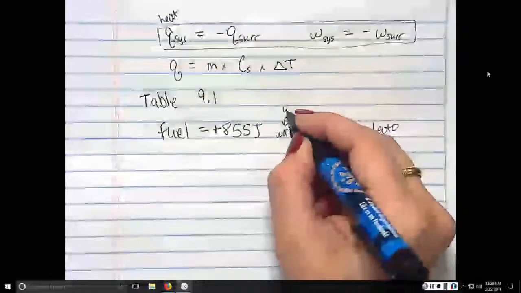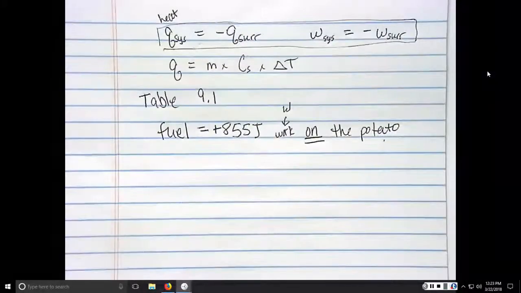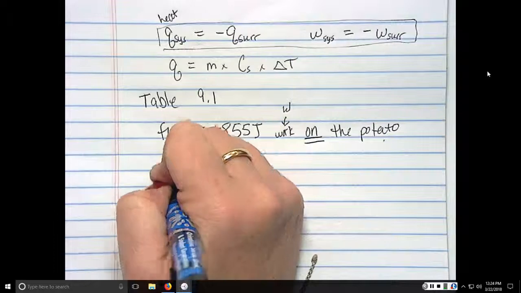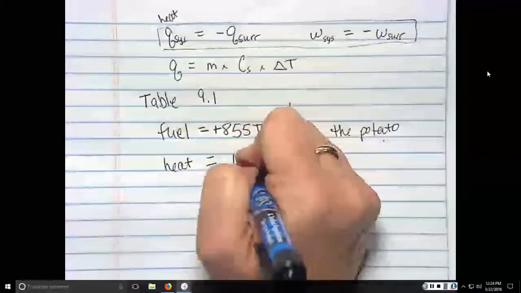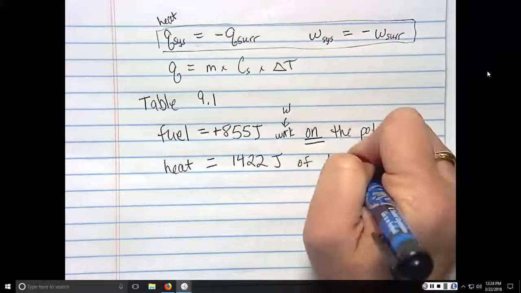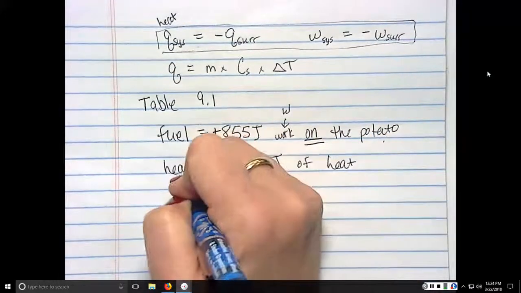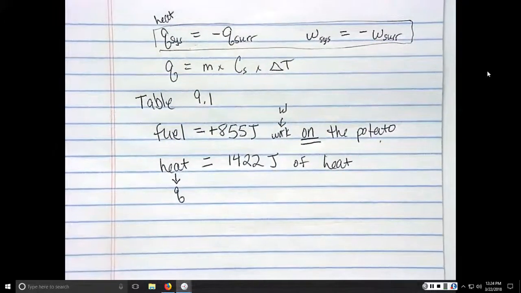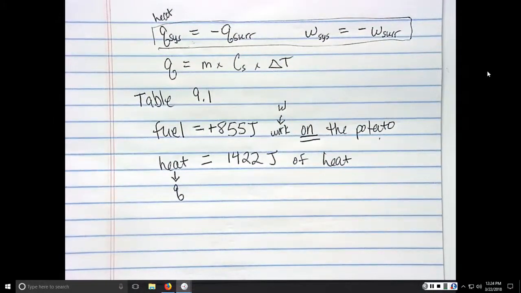Work, W. Okay? Then it says it produces 1,422 joules of heat. So this is our Q. Okay? And so the question is, is it going to be negative or positive? Well, go back to table 9.1. The cannon, or the burning of the fuel, produces.